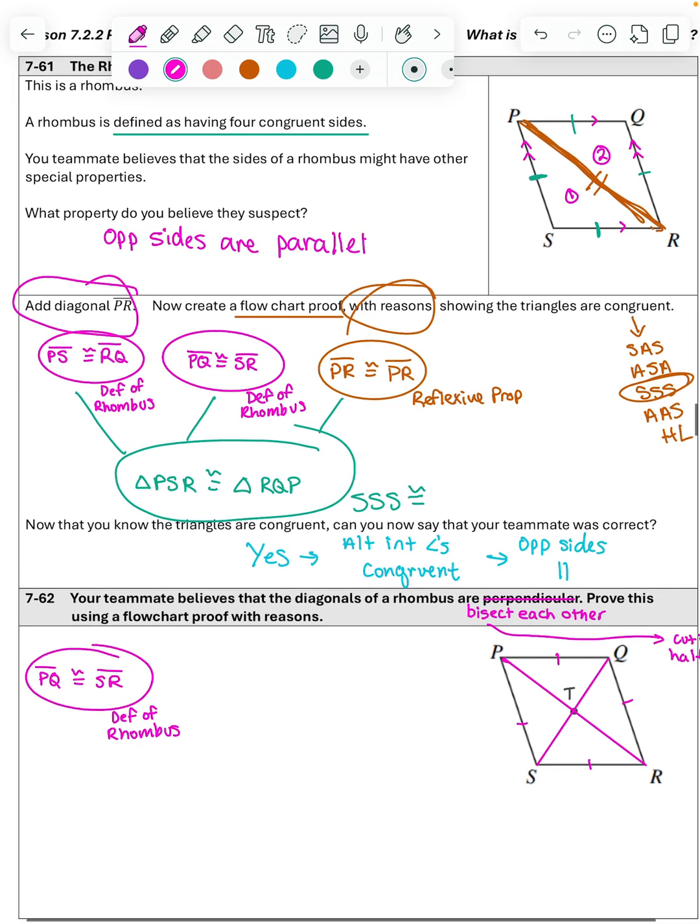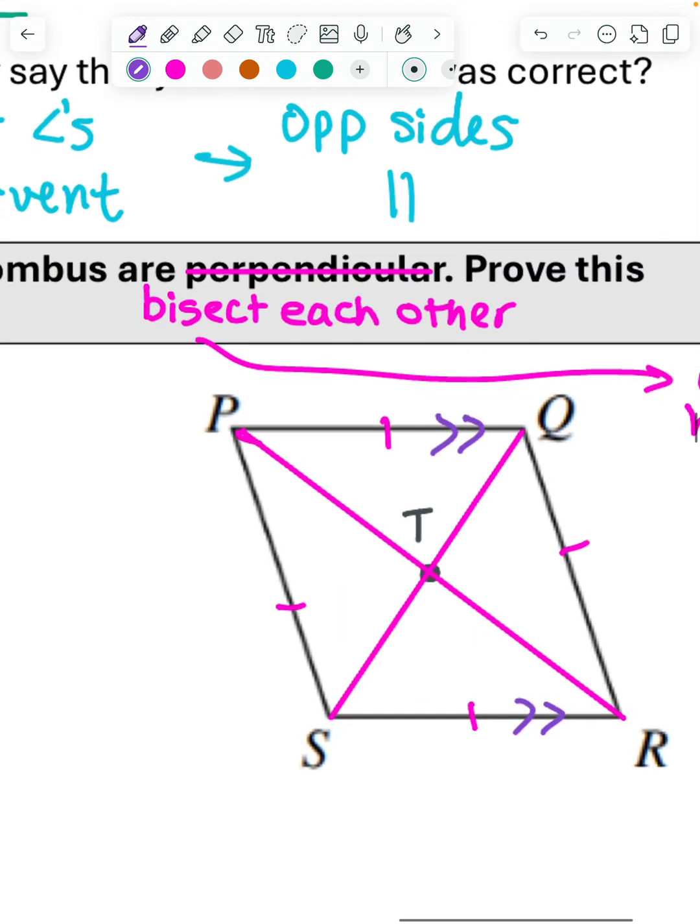Now, because I also know that sides of a rhombus are parallel, I actually have 2 sets of alternate interior angles because opposite sides are parallel.